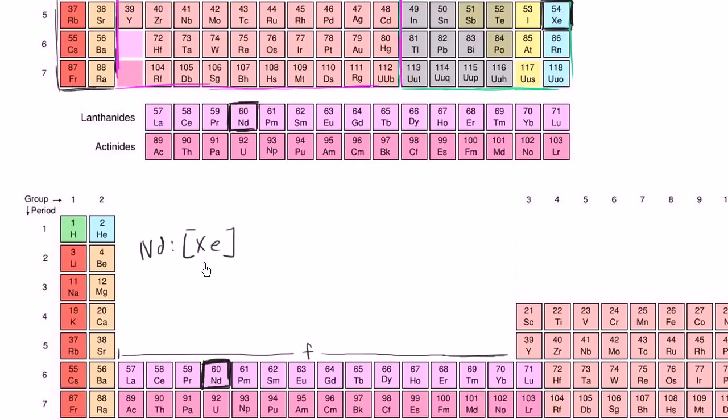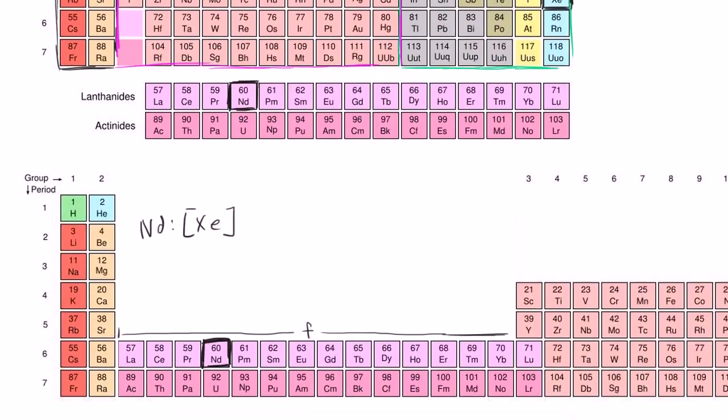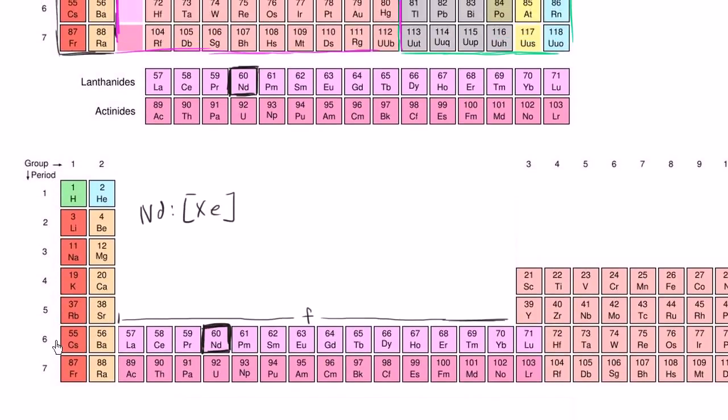And so we can start with that, which we already saw was fairly involved. And then to that, we just add the incremental higher energy electrons. So now we're in the 6th period. So we're going to go 6s2. That's that right over there. That's 6s2. And now we're going to start going into the F subshell. But it's not going to be in the 6th shell.